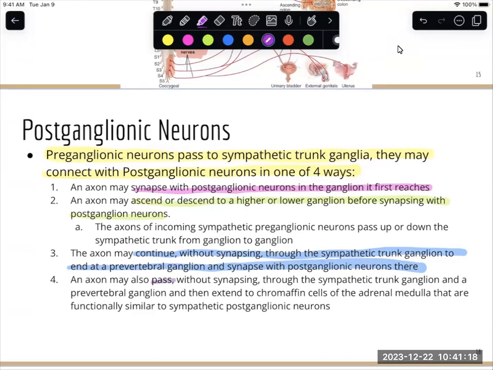Or they may pass without synapsing through that sympathetic trunk, and then they extend to those chromaffin cells in the adrenal medulla. At that point, they're releasing acetylcholine to release epinephrine and norepinephrine into the bloodstream.